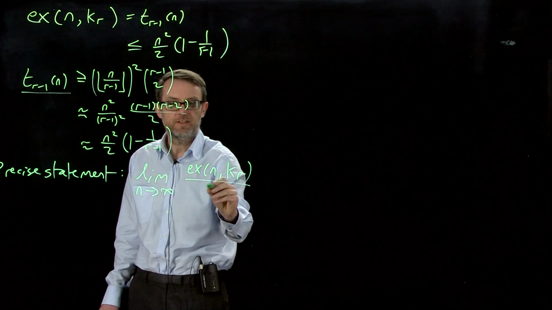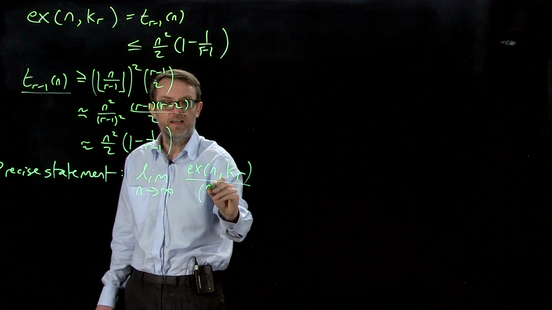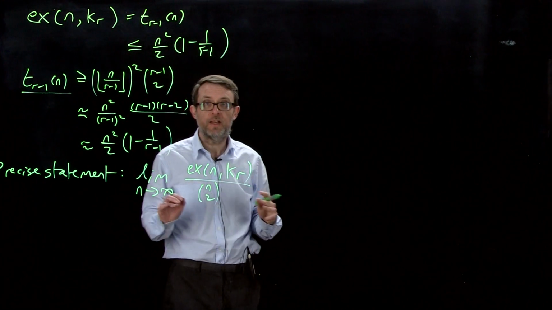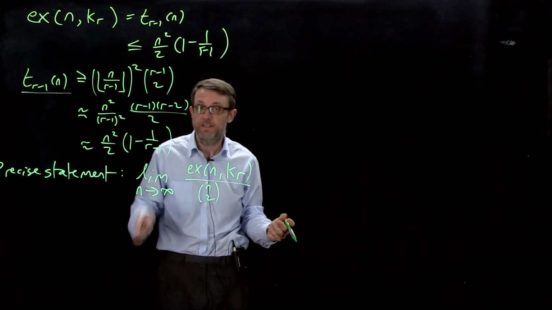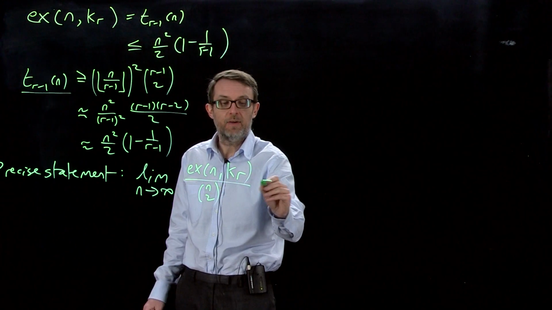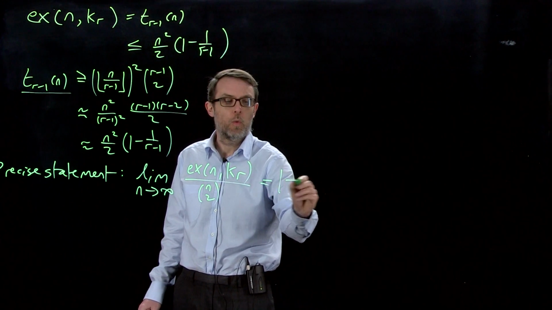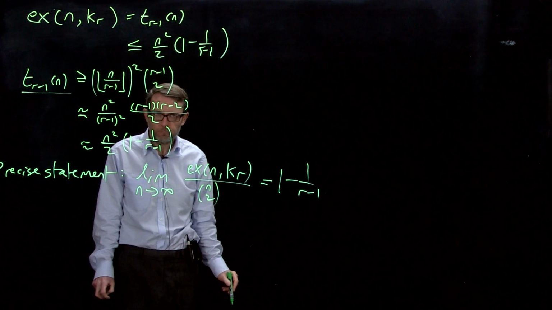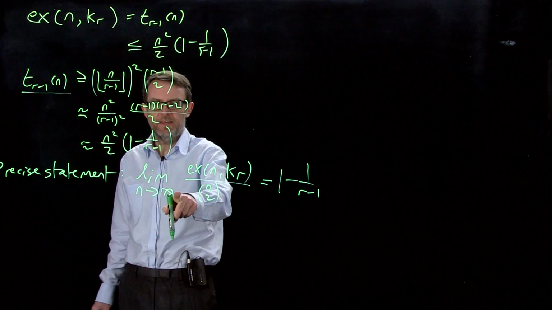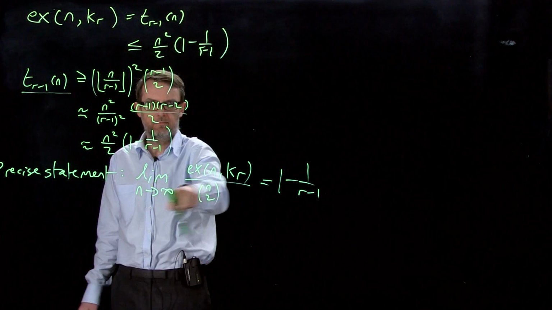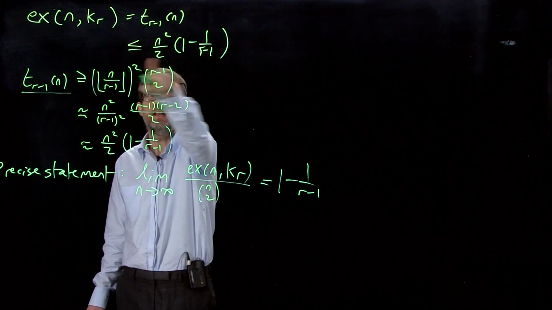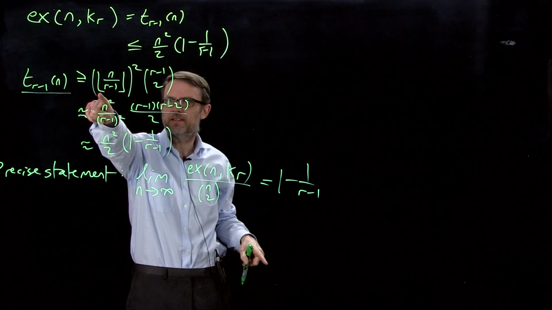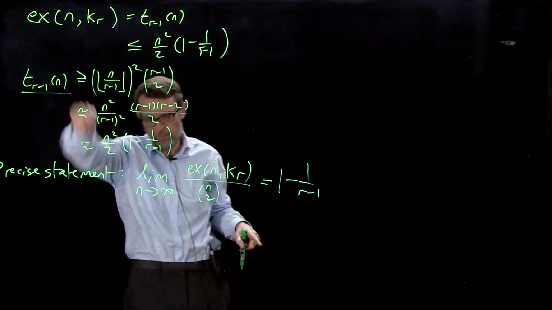The limit of this quantity as n goes to infinity, if I divide it by n choose 2, which is the largest number of edges there could possibly be in a graph on n vertices, is equal to 1 minus 1 over r minus 1. Of course, the upper bound in the statement comes immediately from this upper bound here. And we just have to do a little bit of fiddling with some epsilons to deal with passing from the floor function to removing the floor function.